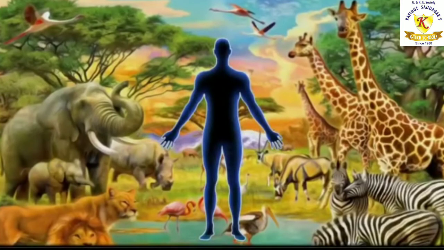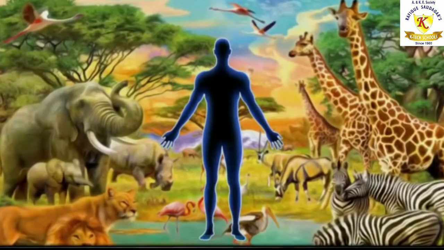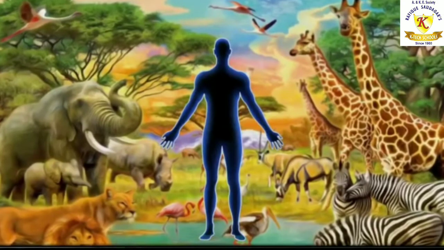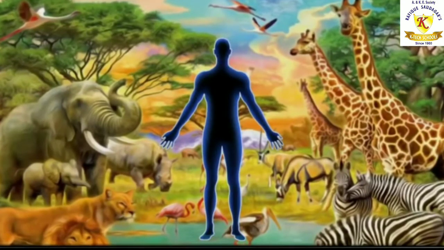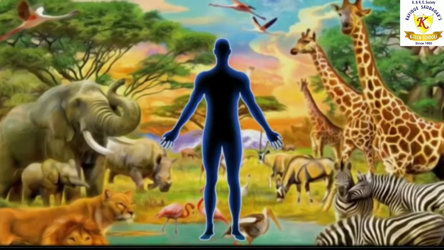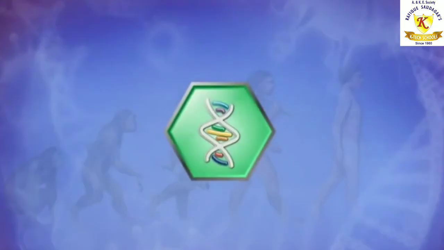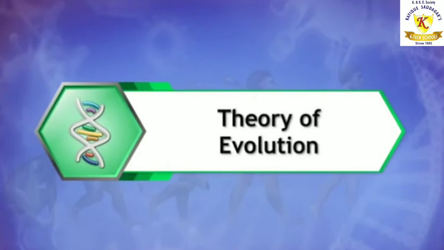Different theories about the origin and evolution of life have been proposed till today, of which the theory of gradual development of living organisms is accepted. Are you getting me, children? Now moving ahead with the theory of evolution.